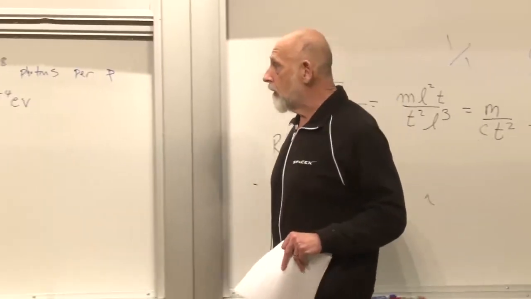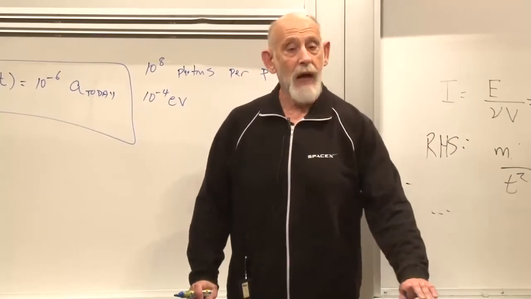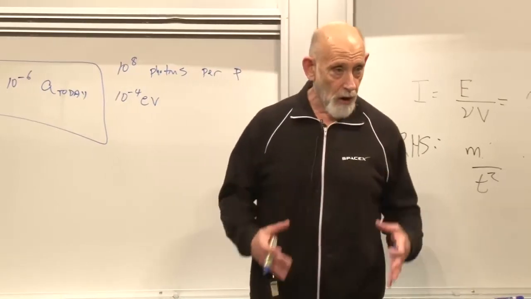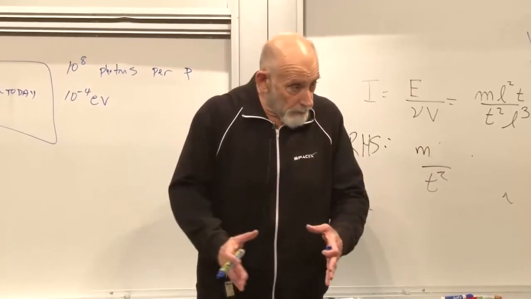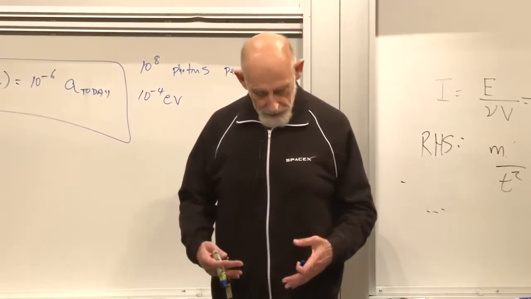Then there was a crossover, and the universe became dominated by radiation. The radiation energy became larger than the matter energy. And as you go even further and further back, the universe becomes more and more radiation dominated.